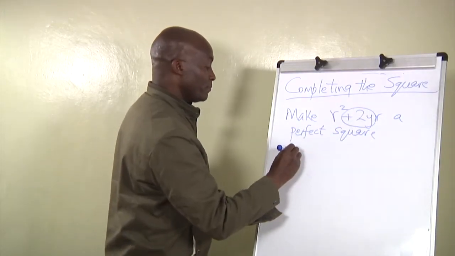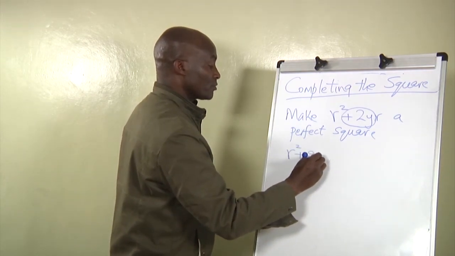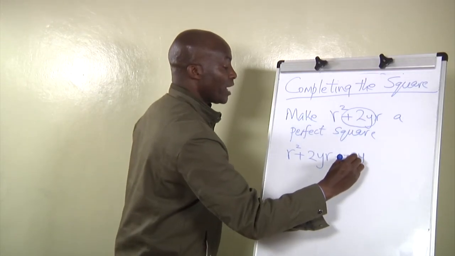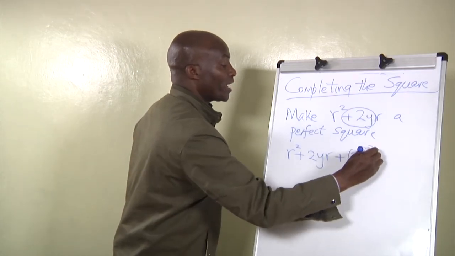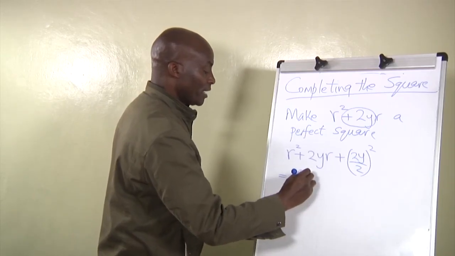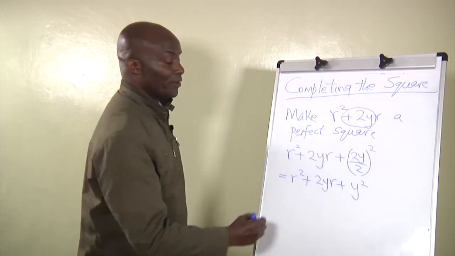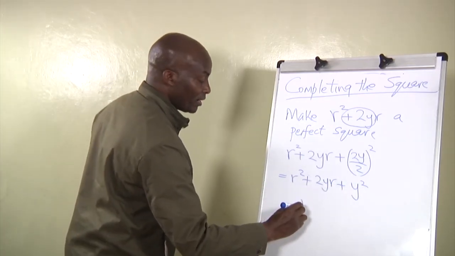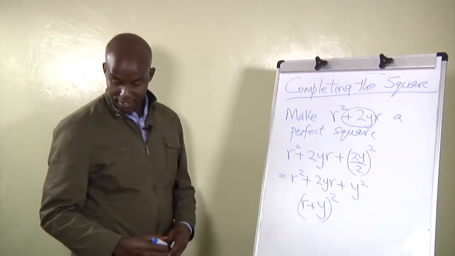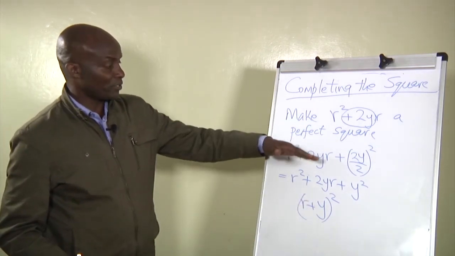So we simply add the square of half of the coefficient of the middle term, 2yr, plus half of 2y, that is 2y over 2, then you square that. And when you do that, you get r squared plus 2yr plus y squared. Now this is the square of r plus y whole squared. So basically that is a simple procedure.